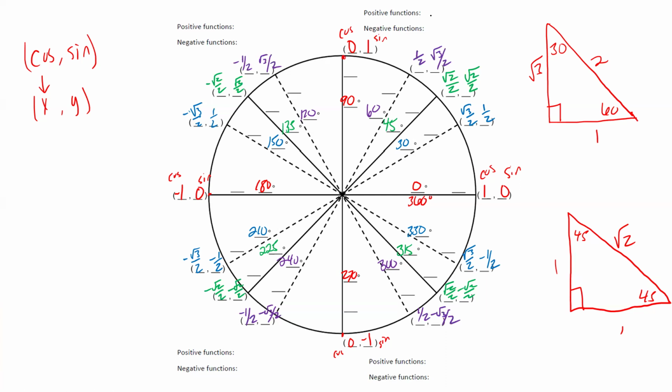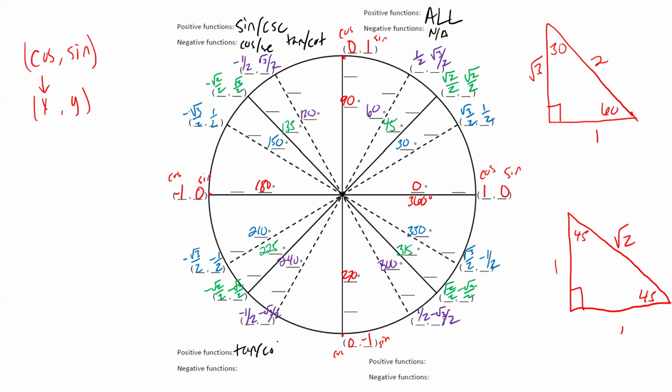In quadrant 1, what's positive? Everything. All are positive and nothing is negative. In quadrant 2, what's positive? Your y. So therefore, sine and cosecant are positive. And then your cosine and secant and your tan and cotangent are going to be negative. In quadrant 3, what's positive?